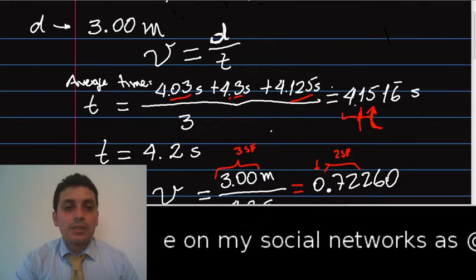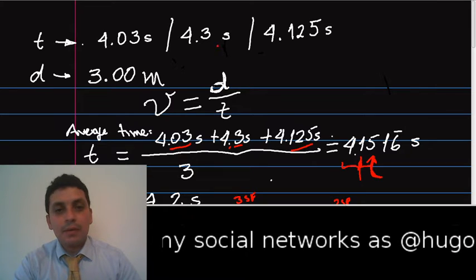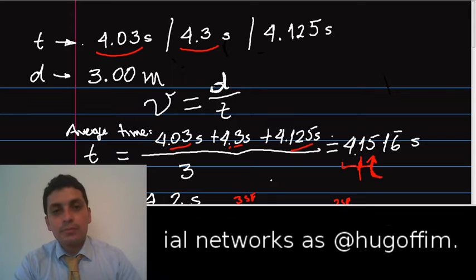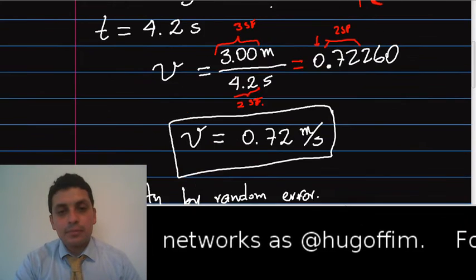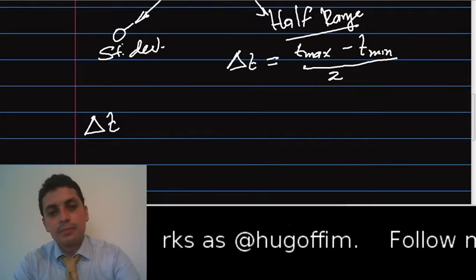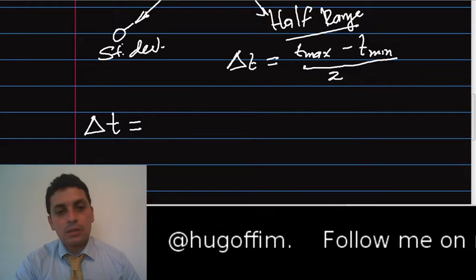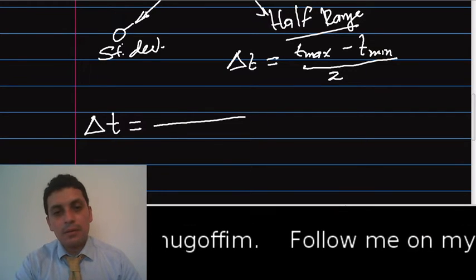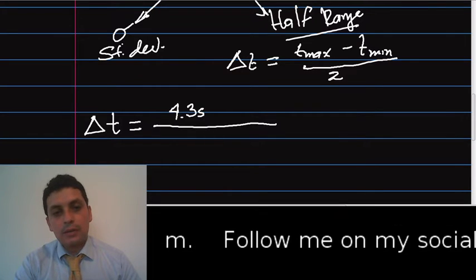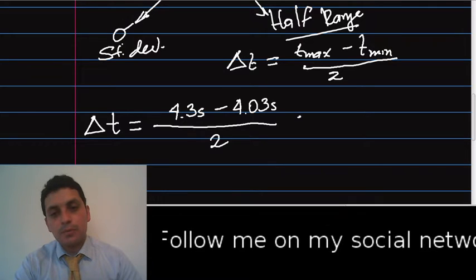So in our exercise, the maximum value will be 4.3, the minimum value will be 4.03. So in our case, our uncertainty will be 4.3 seconds minus 4.03 seconds divided by 2.